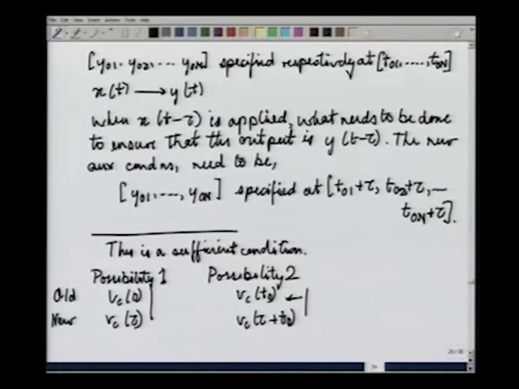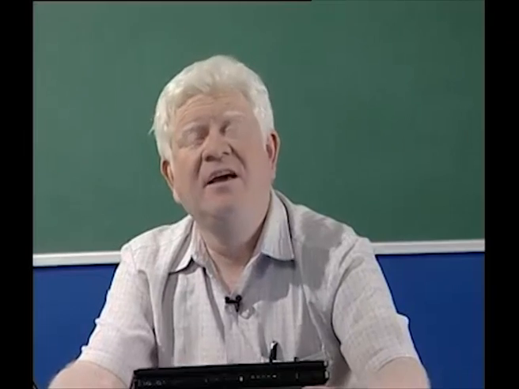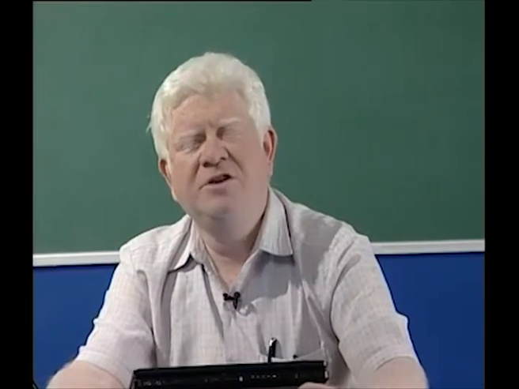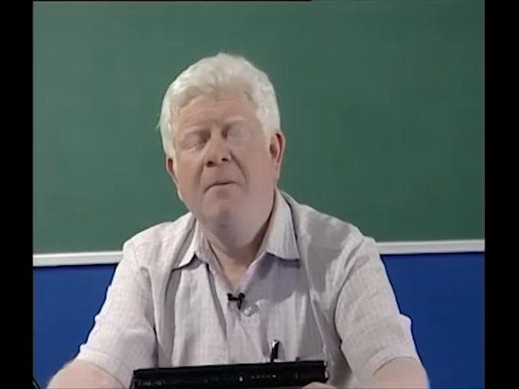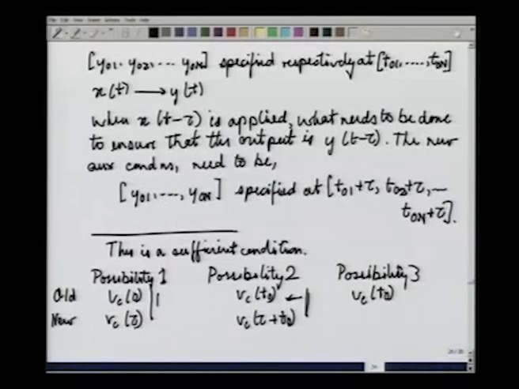Suppose we have specified Vc of 0 initially or say Vc of t naught for the old signal x(t). We do not necessarily have to specify Vc of tau plus t naught. Instead, we can specify the voltage at some other instant of time, but then the voltage will be different. In this case, these two turned out to be equal. In this case, these two turned out to be equal.